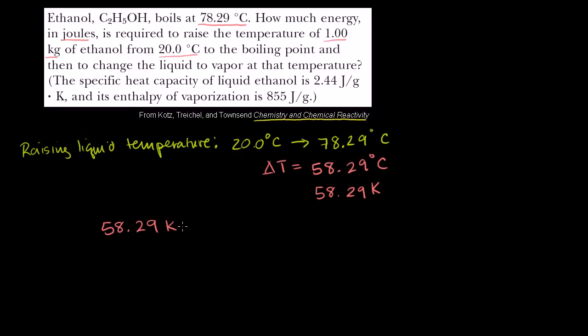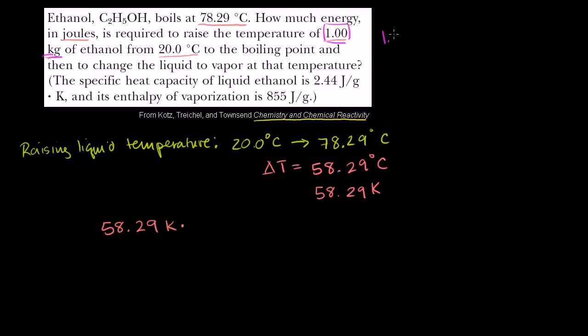Now, how much ethanol are we trying to boil? Well, it tells us right over here. It tells us that we're dealing with 1 kilogram of ethanol. And everything else they give us is in grams. So 1 kilogram is the same thing as 1,000 grams.